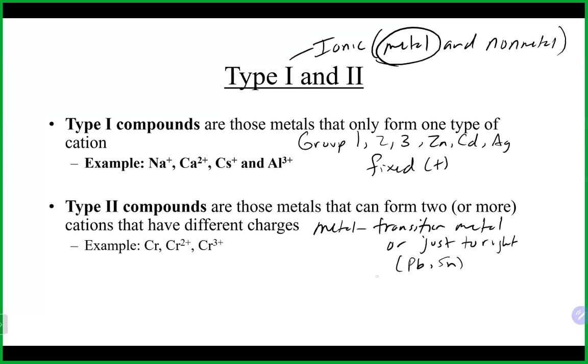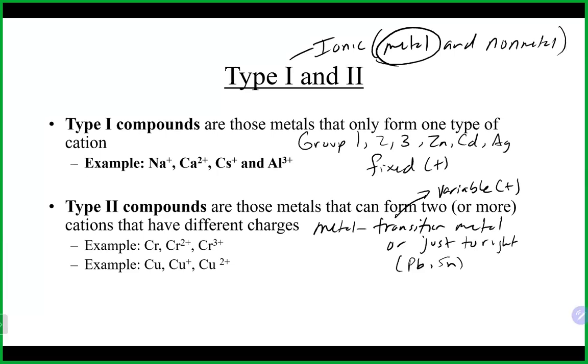What those guys have in common is, as I mentioned, they can have a variable positive charge. And in those cases, we have to do one extra step when we go to name them because they can make different types of charges. So for example, as you can see up there, chromium could be a +2 charge. It also could be a +3 charge. In certain cases, copper could be a +1 charge or a +2 charge.